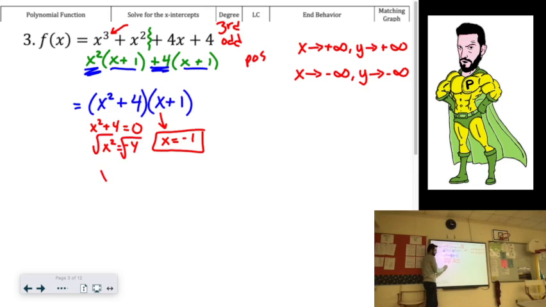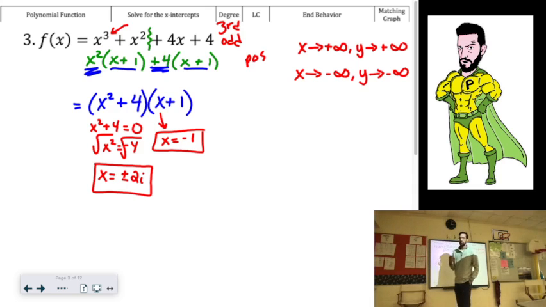When you square root a negative, that's where we use those complex numbers, the i. So the square root of regular 4 is 2. So this would just be plus or minus 2i. Now, if you're using imaginary numbers, that's not actually going to cross the x-axis at that point. But it will cross at -1. So even though we have 3 zeros, really one of them will be on the x-axis.